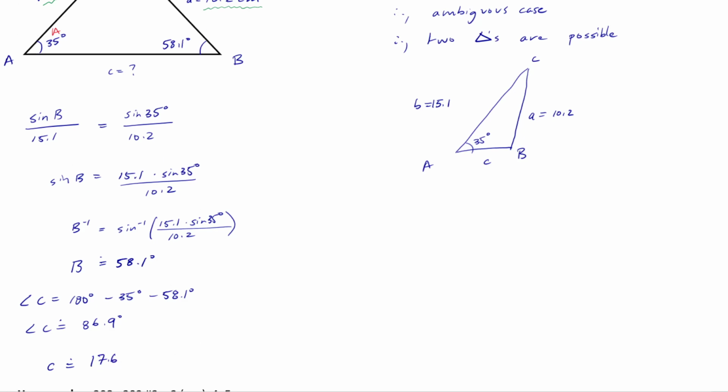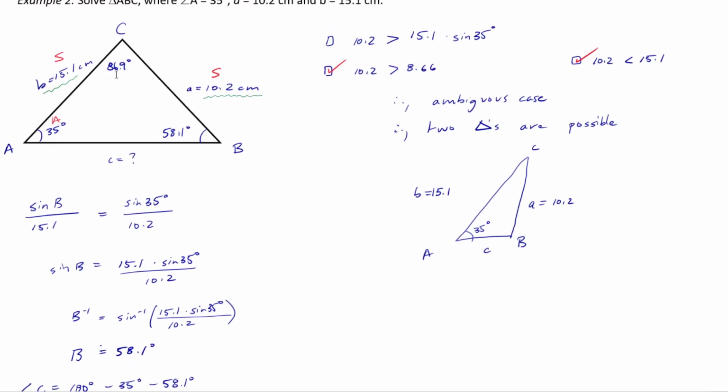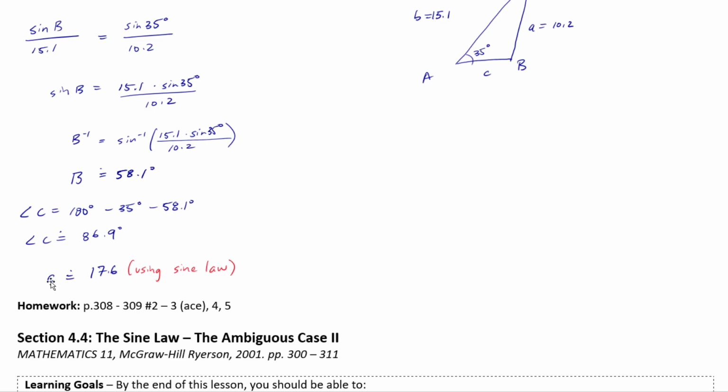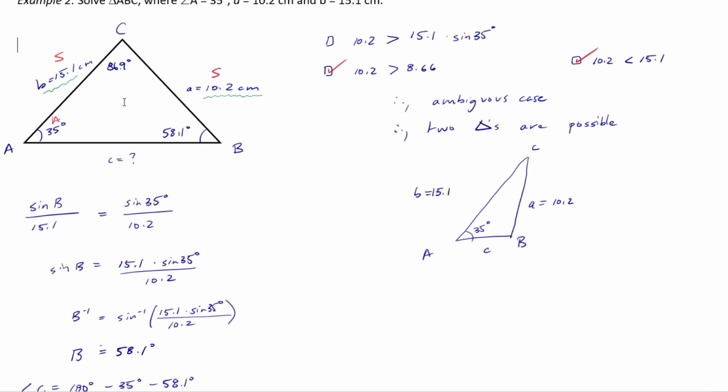So sine of 86.9 over C, equals sine of 35 degrees over 10.2, and isolating for C, we get 17.6. All right, so now I've effectively solved for that one triangle.